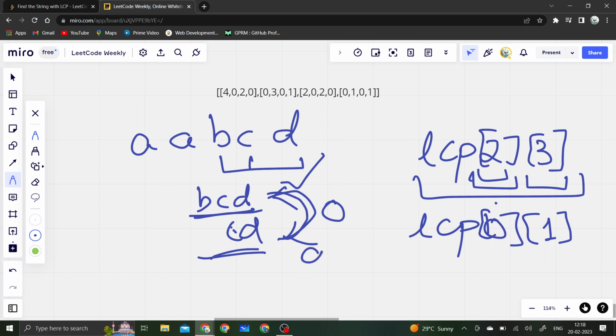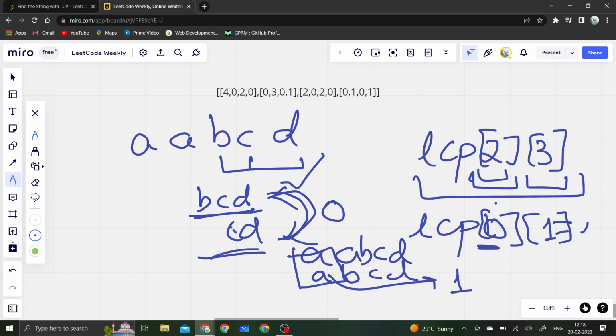We would have got A, B, C, D from 0 to n minus 1, and from 1 to n minus 1, that is B, C, D. So if you see, this A is the common prefix that we have in both the strings, so the length is 1. So LCP of 0 comma 1 is 1. So that is what this line means.